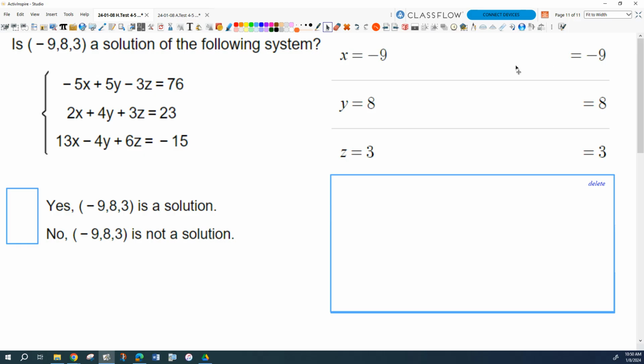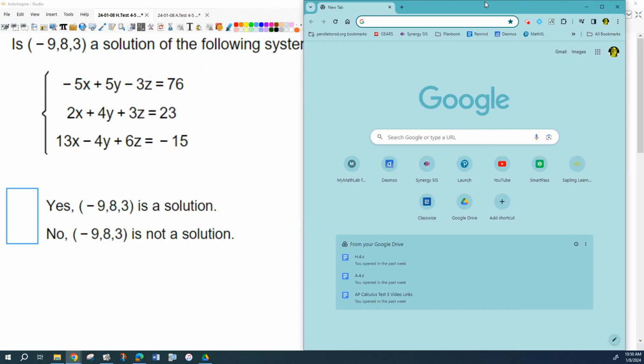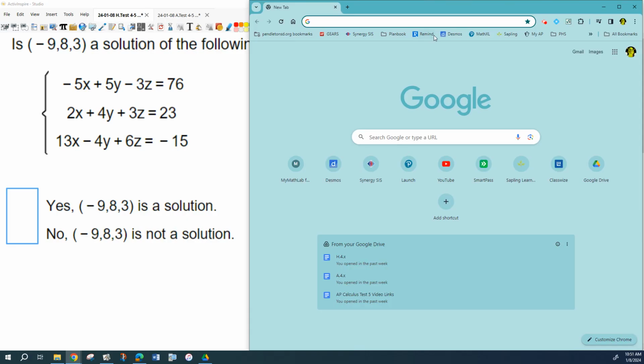But the important thing is it stores that value as x. So I do that for each of the 3 variables. I'm trying to check to see if this ordered triple is a solution. How about if I just go through it step by step? Would that be easier? Okay. If you want to pull up Desmos Scientific and do this with me, that's fine.